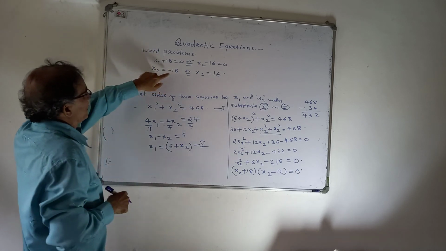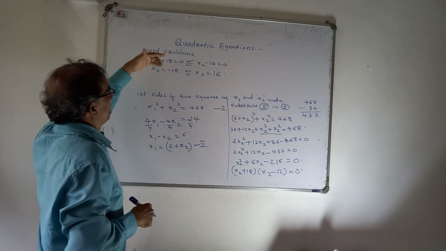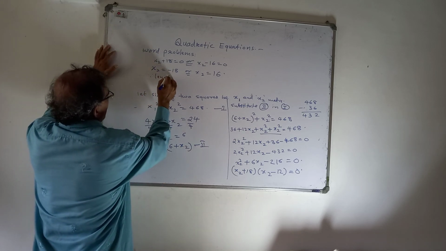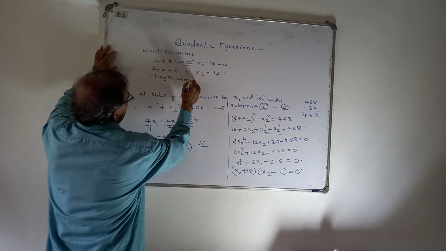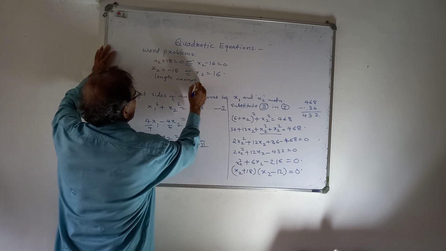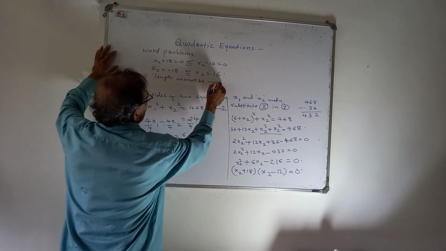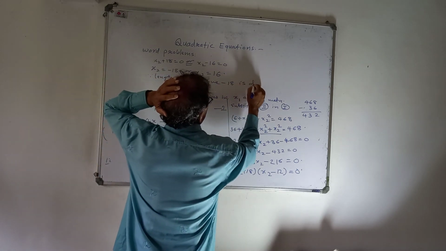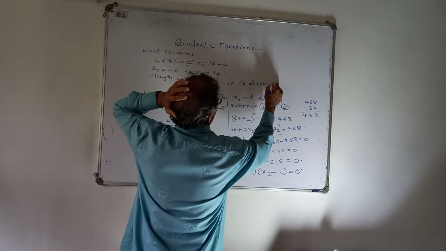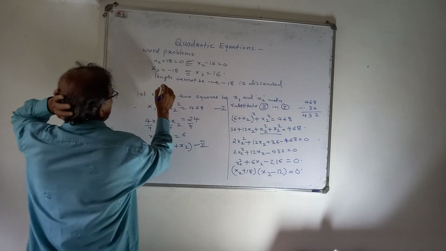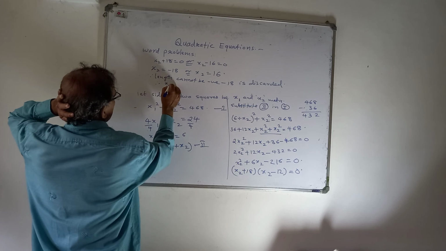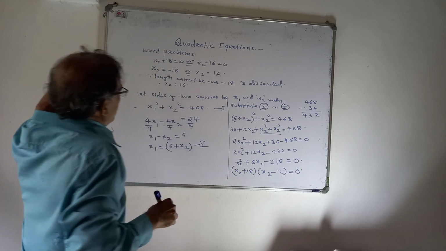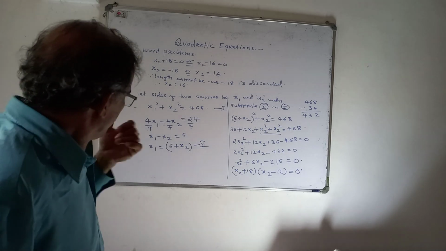Since we are finding the sides, means length, and length cannot be negative, minus 18 is discarded. Therefore, x2 is equal to 12. Isn't it? Okay.